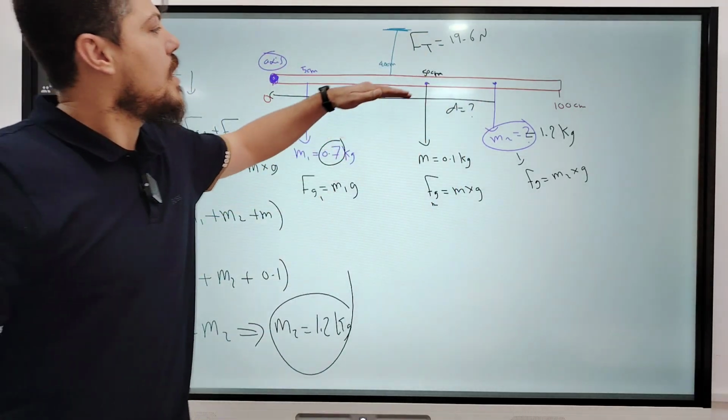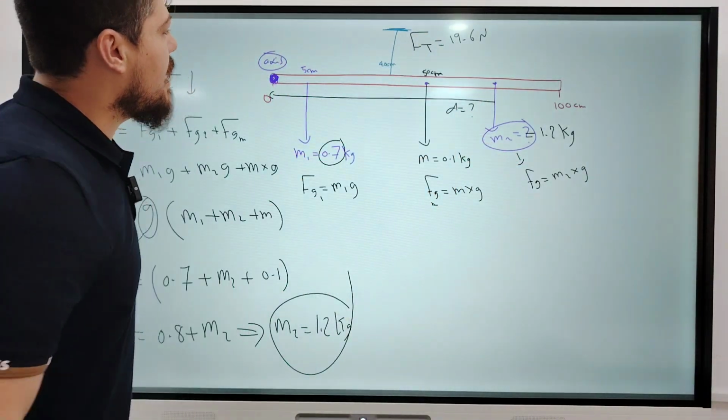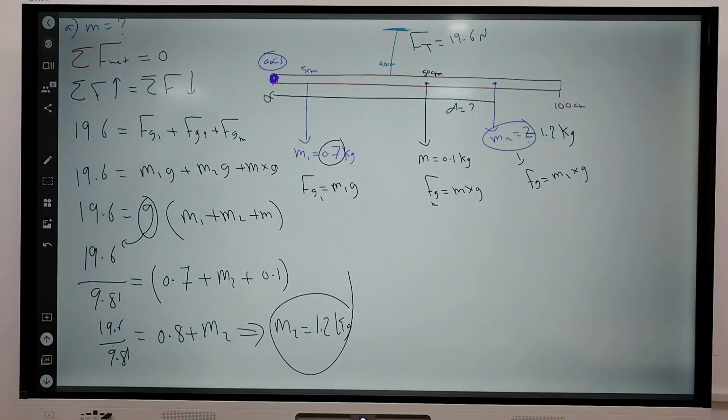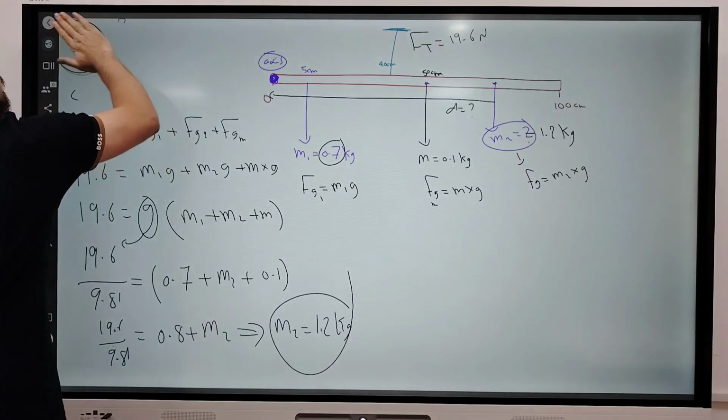We don't know at which mark the second mass is suspended. Now I'm trying to find the distance of the second mass on the meter stick.